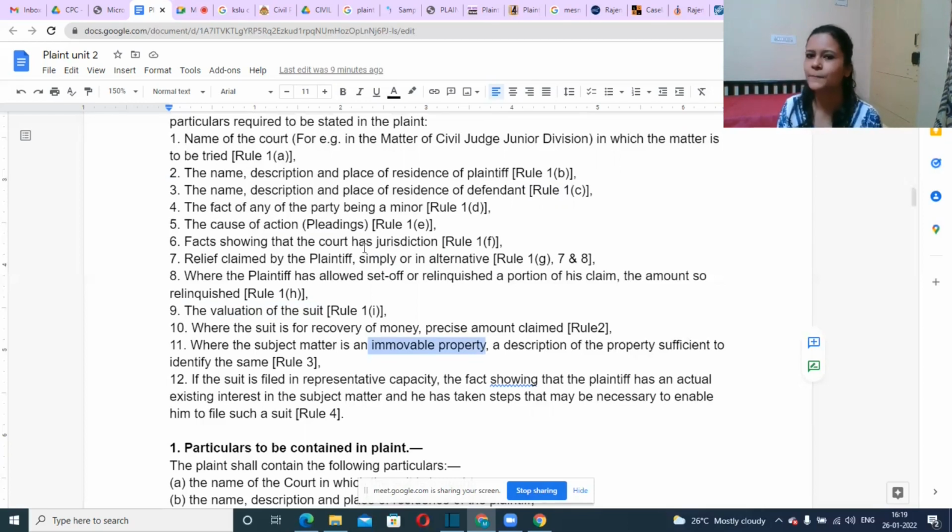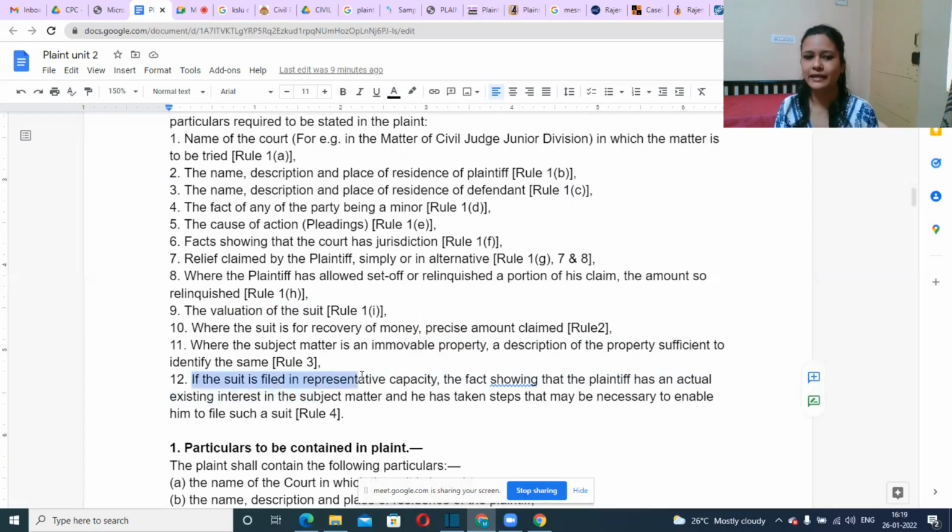So whatever is the method of demarcation used, I would apply that, and I will mention that in the plaint so that it's very easy to identify the property. So it basically is nothing but a description of the immovable property so that it can be identified as well.